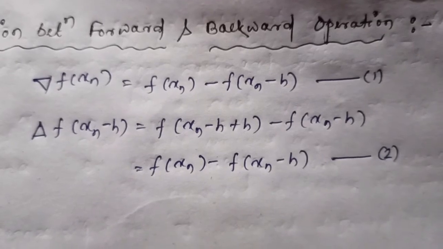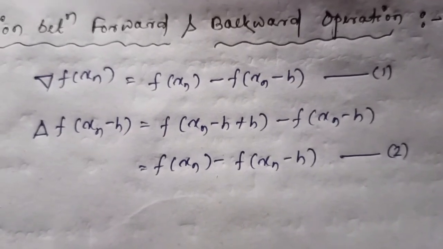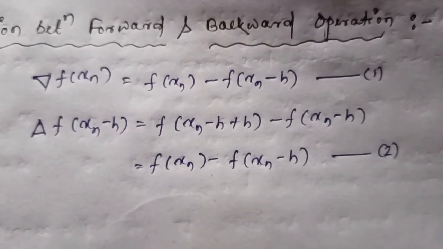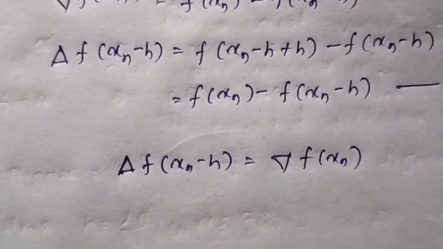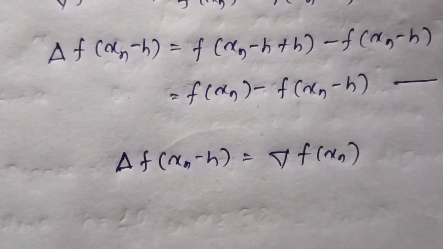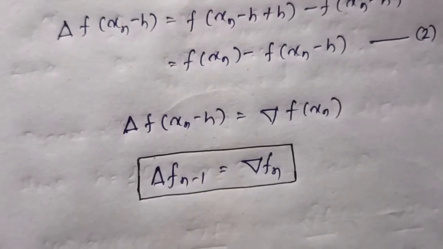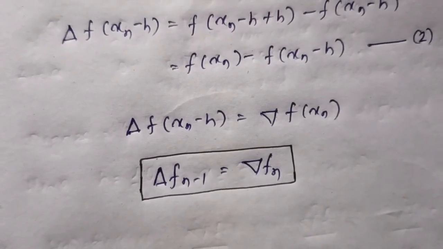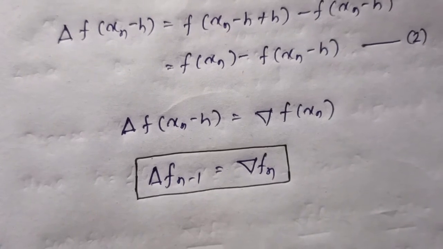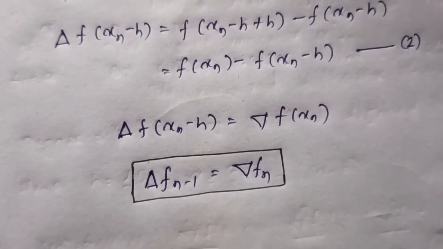This is equation number 2. So from equation 1 and 2, delta f of xn minus h is equals to nabla f of xn. So that is delta f(n minus 1) is equals to nabla fn.